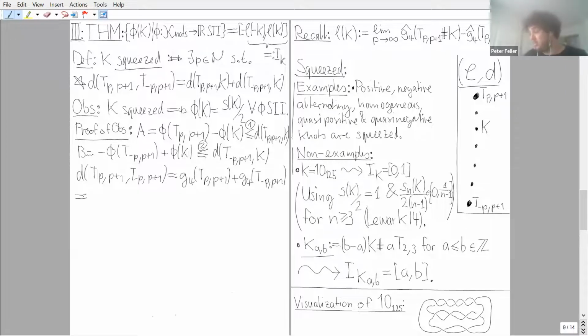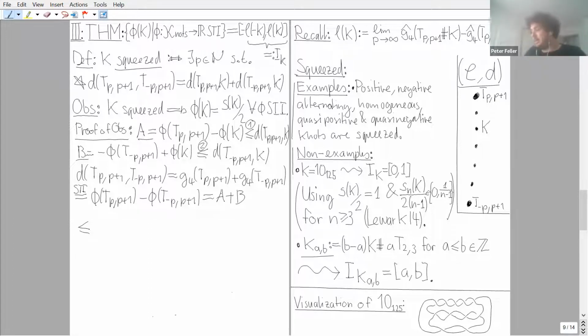And then you know that slice-torus invariants equal the 4-genus. So here you get this, and then here you have to switch signs because it's a negative torus knot. You get this. This is kind of by definition of slice-torus invariant. And now clearly, this is just A plus B, because in A and B, I have canceling phi of K. Okay, so far, so good.